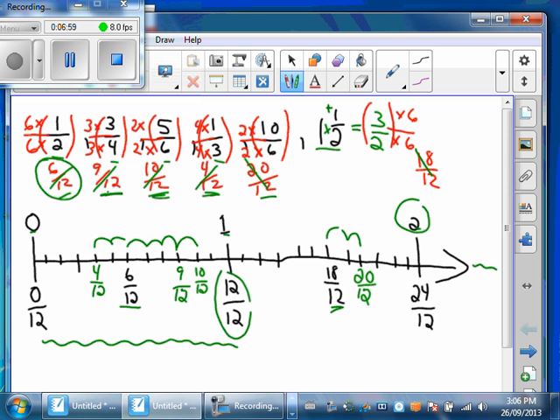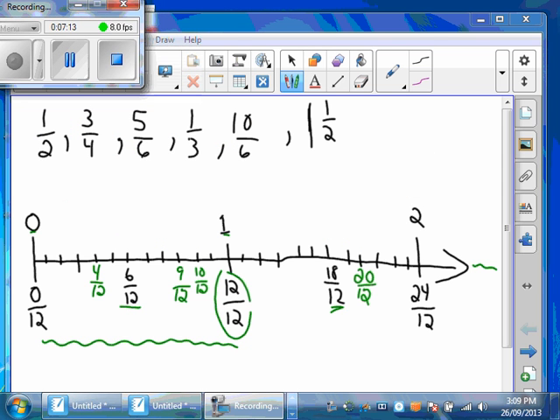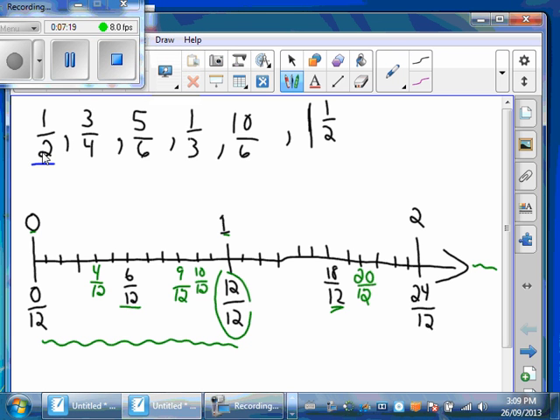Now if we compare these and ask what that looks like using our original fractions and improper fractions, let's take a look. Getting back to our number line, we can see here that 1/2 is really the same as saying 6/12. So this here is actually 1/2.